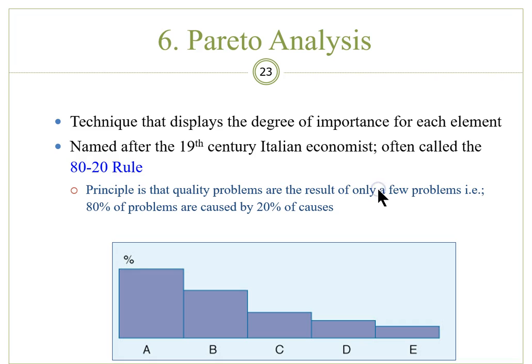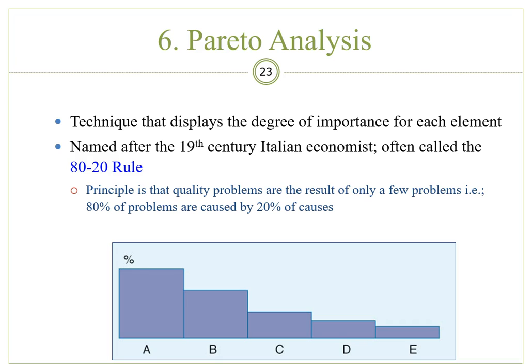That's pretty self-explanatory there. And then you have the Pareto analysis, right? Now, the Pareto analysis is a technique used to identify quality problems based on their degree of importance. That's very important, that you're able to understand that it is based on the degree of importance, right? So now the logic behind it is that only a few quality problems are important, whereas many others are not as critical.